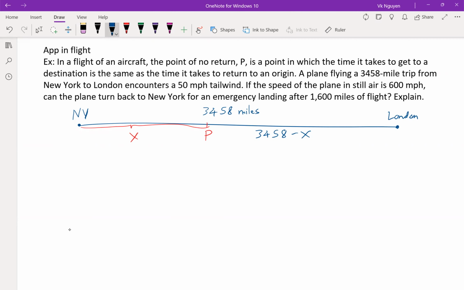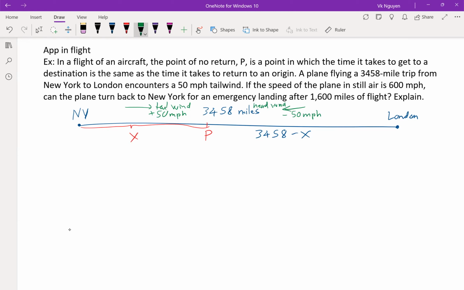Because of the tailwind, when we go from New York to London, we fly a little faster. Tailwind, 50 mph. That would be a plus. When we go back, if you fly back, then you're going to encounter that headwind, so you're going to do minus 50 mph.